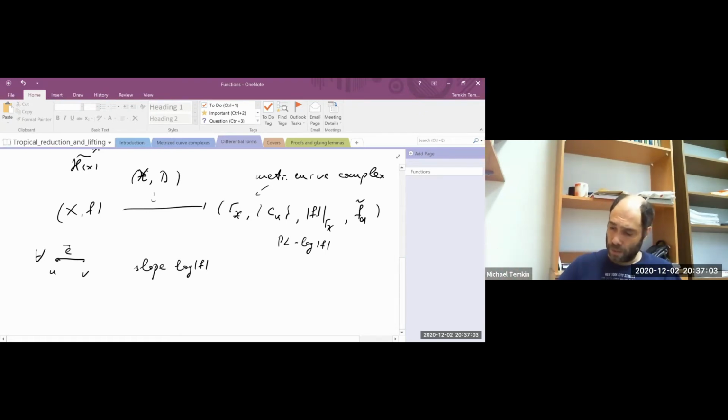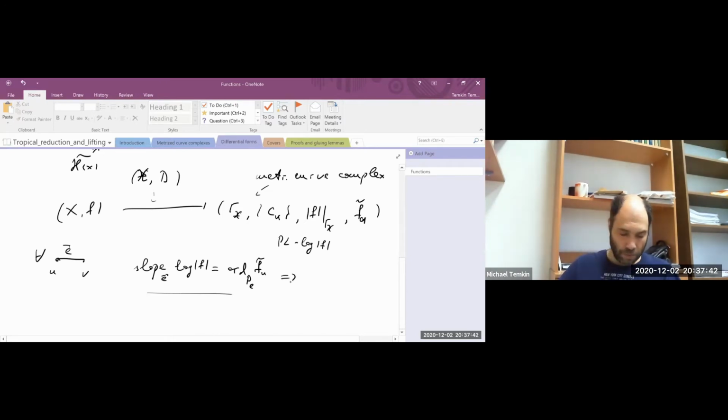So the slope of log f just equals the order along e. And here we need an orientation to say in which direction we take the slope. So it just equals the order at p_e of the corresponding function of the reduction curve at u, of f tilde. So it's a meromorphic function. It might have a pole or 0, and it corresponds to this.